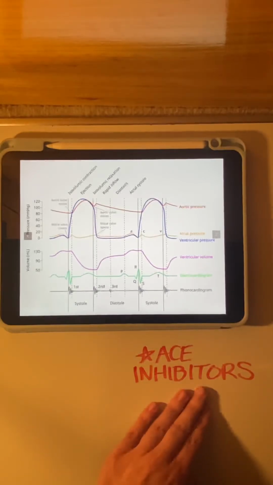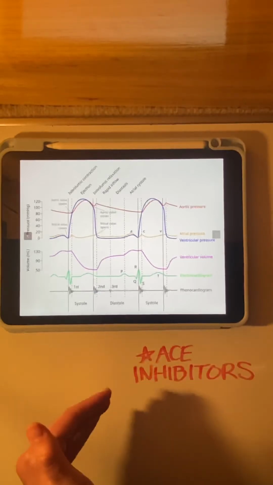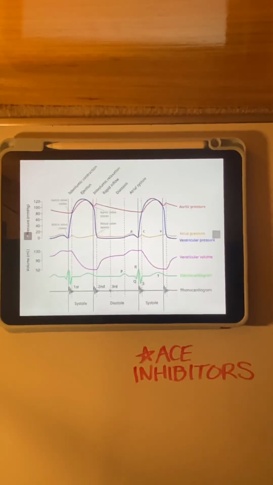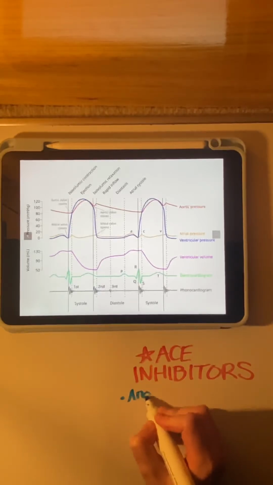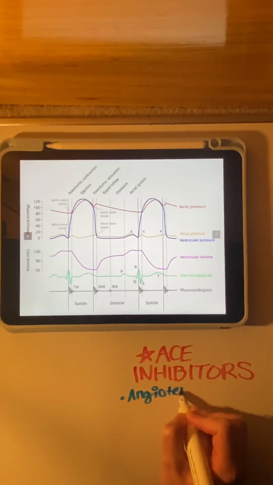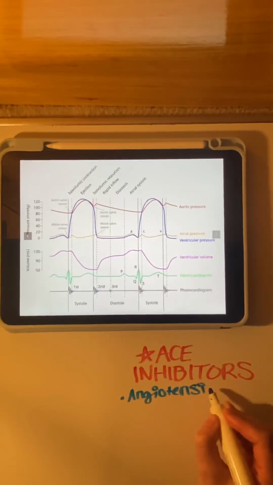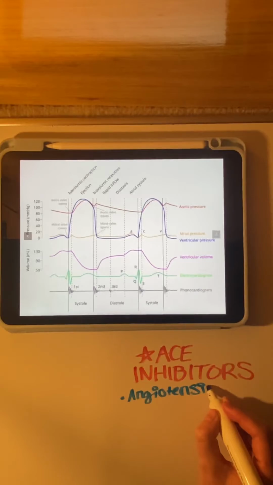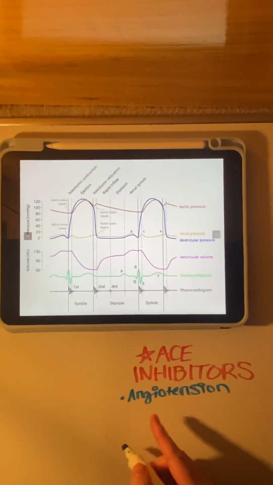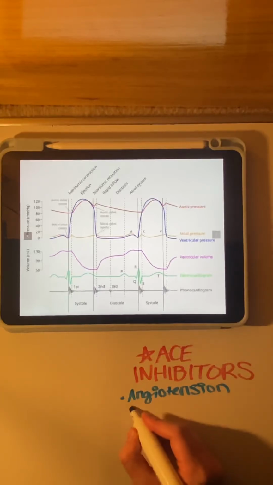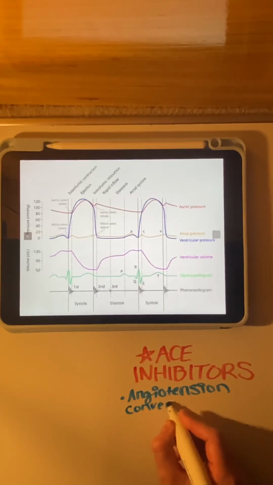So first, before we get into what ACE inhibitors do, we should probably talk about what ACE is in the body. And ACE is our angiotensin converting enzyme. I always forget if this has an O or not, so if that's spelled wrong, don't harp on me too much.